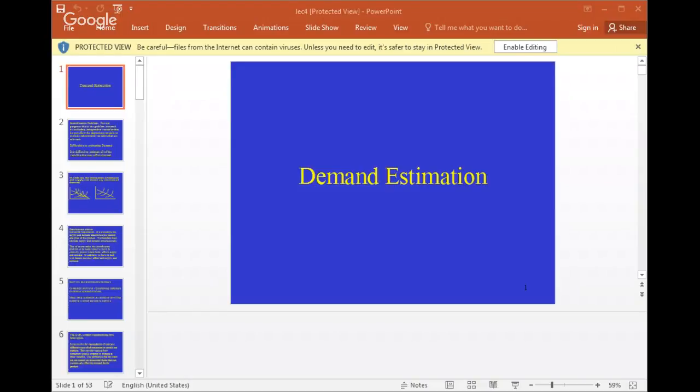So if my cutoff at the 99% level of significance is 1.995, basically 2, are these coefficients significant or not?